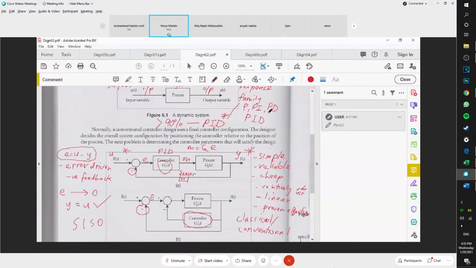So these four are the most popularly used parts of the PID family. The most common is P. Can you see all these four controllers? P is common, right? So when you design a PID controller, make sure P is there. The P element must be there. The rest is optional. It's up to you to decide whether to use P alone, PI, PD, or PID.